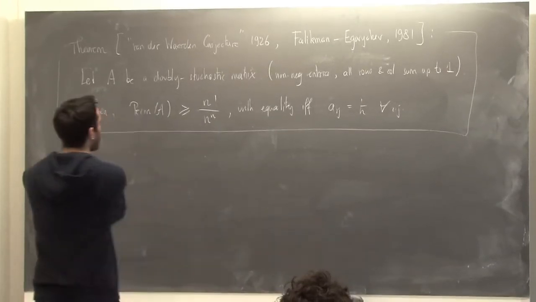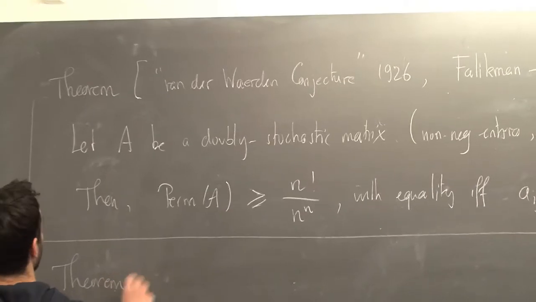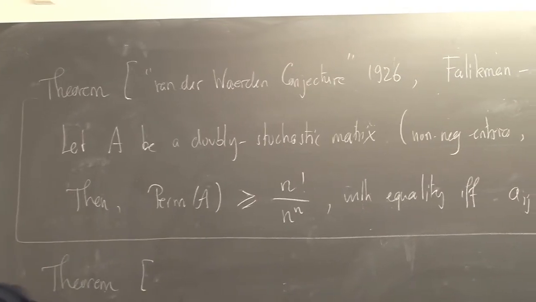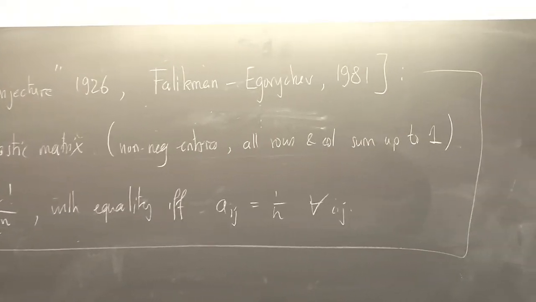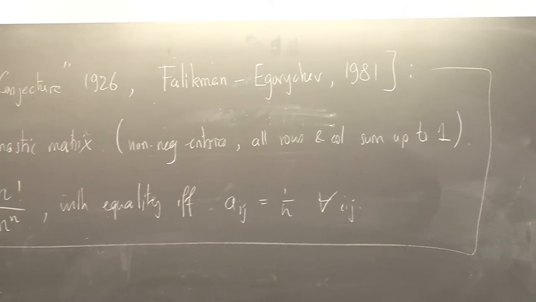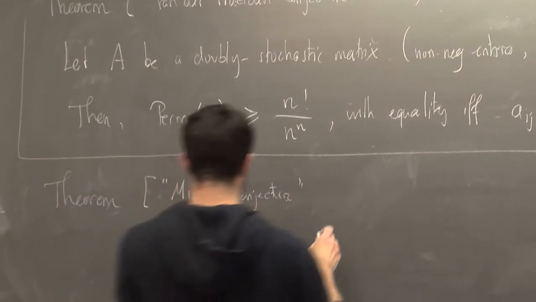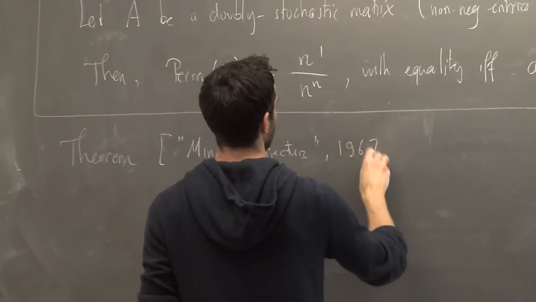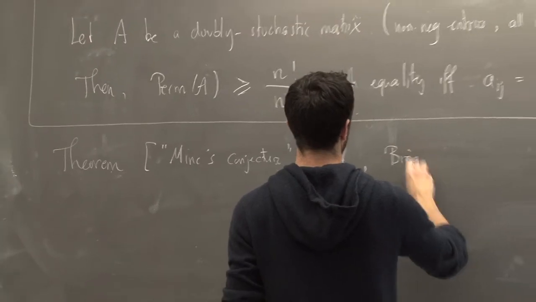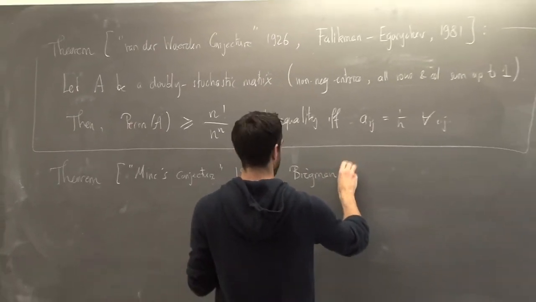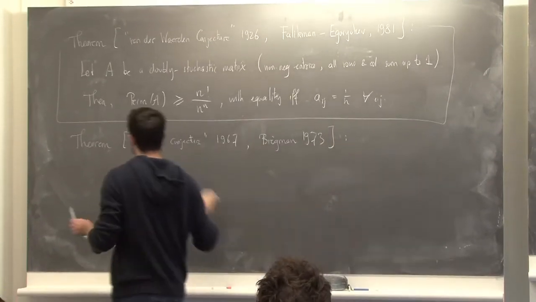So that's a lower bound, and I'm going to state a second theorem, which will give an upper bound. This one is the so-called Minc conjecture, which was stated in 1967 and proven by Bregman in 1973. Here it is.